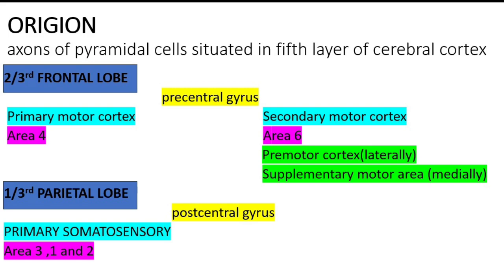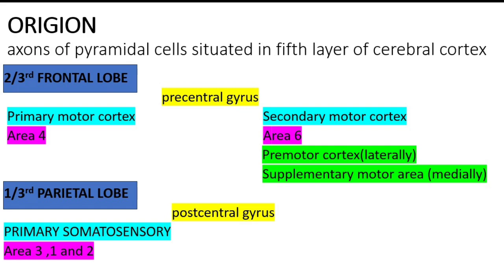The two thirds area in the frontal lobe, we can also say, is in the precentral gyrus. This area is named according to its function. And then it's further divided into one third and one third.